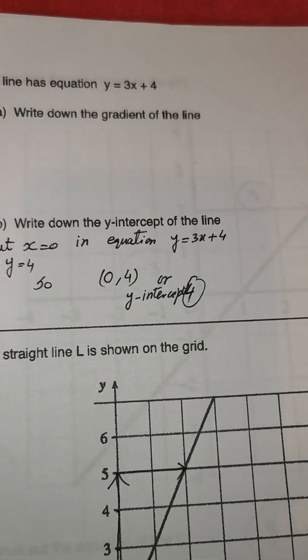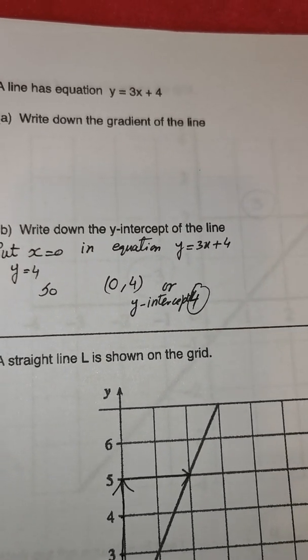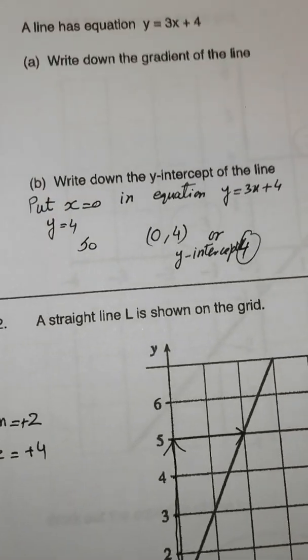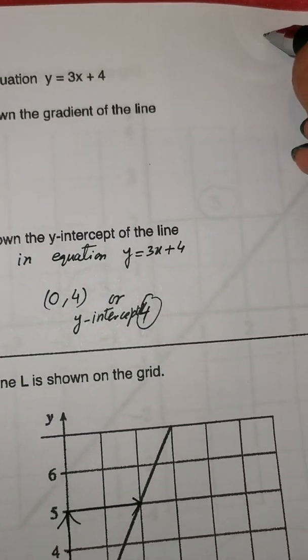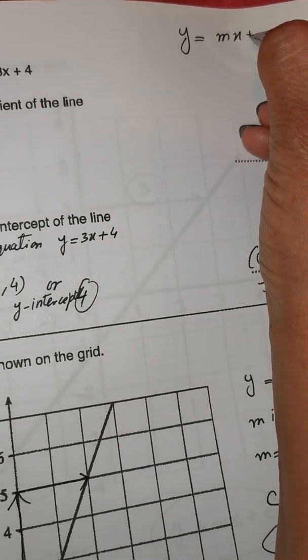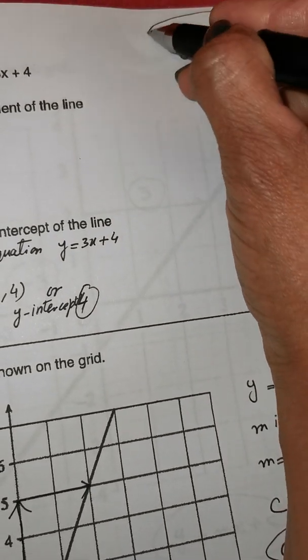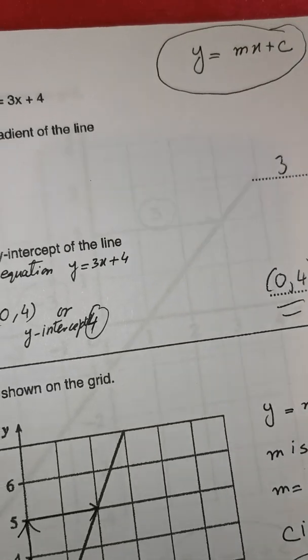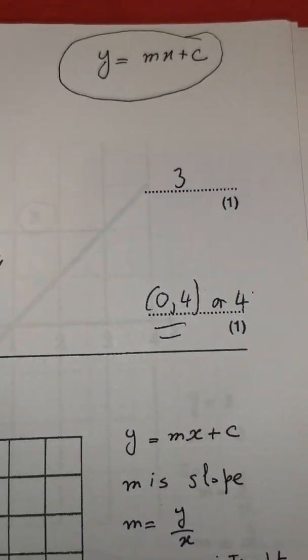In GCSE, in Year 10 and Year 11, we have learnt about this equation: y is equal to mx plus c. This form of equation is called the equation of a line.